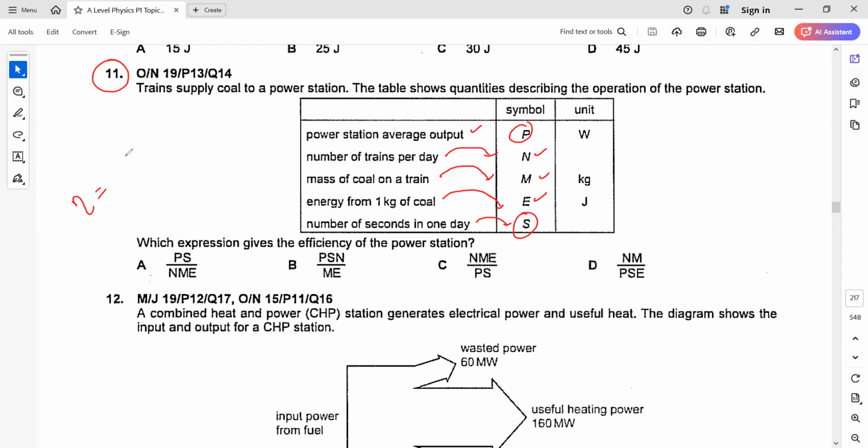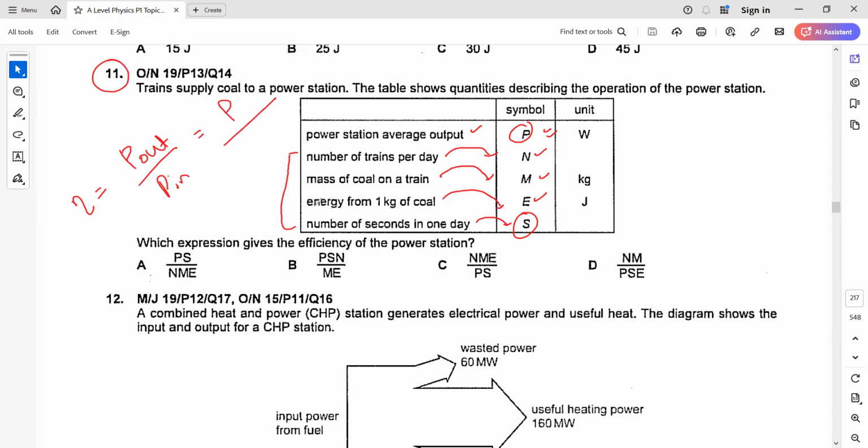So efficiency is going to be output power over input power, right? So output power is basically P. We can very much see that. Input power is going to be, so the understanding is there are trains which are carrying some coal and they're running towards a power station, right? So trains, they have coal.